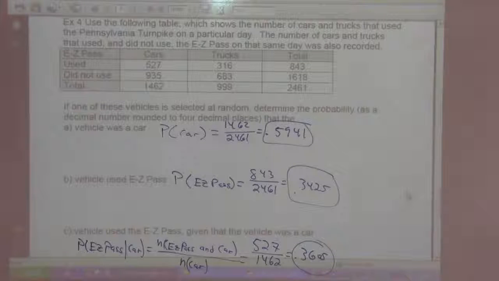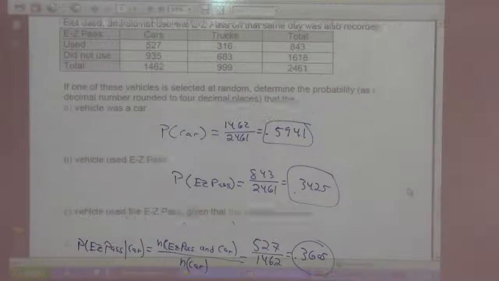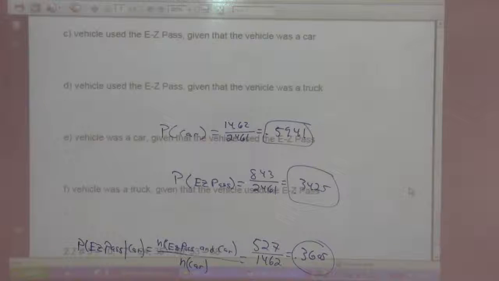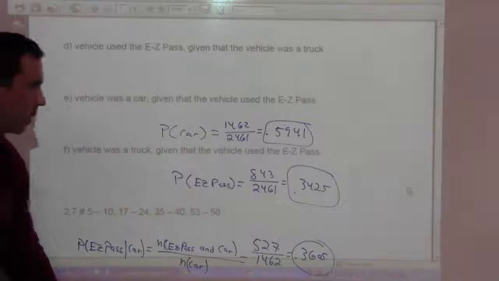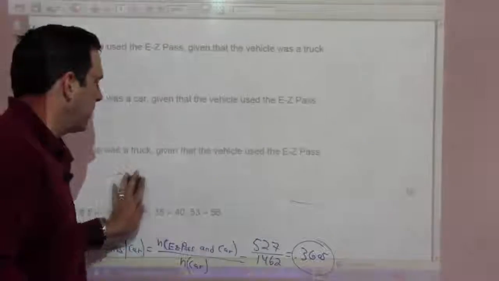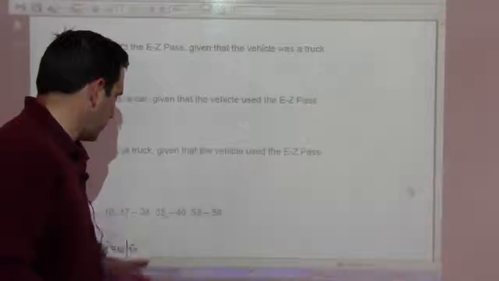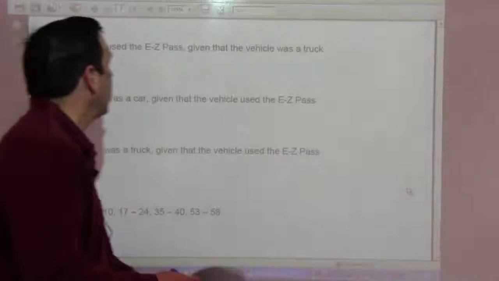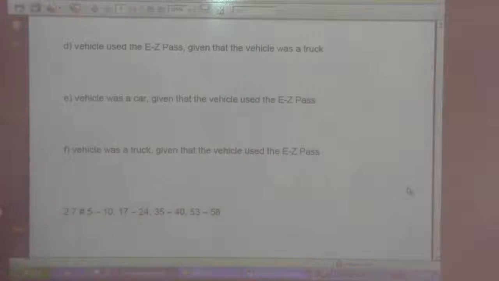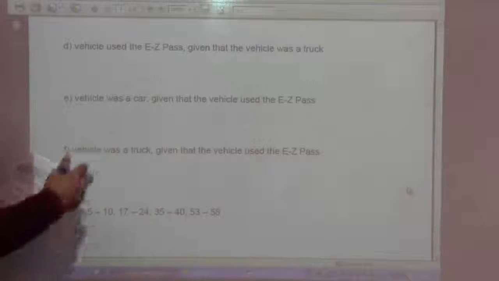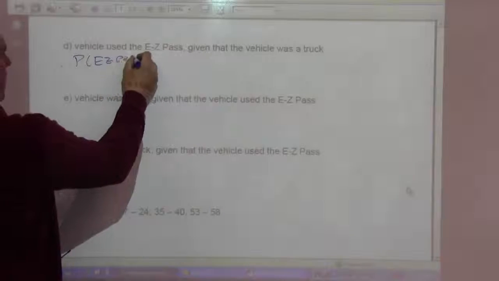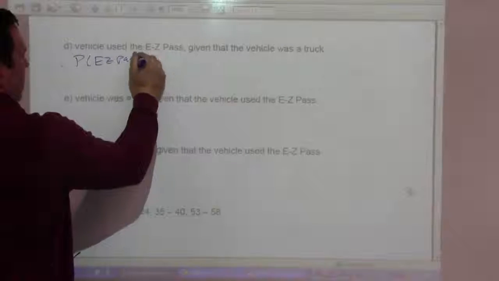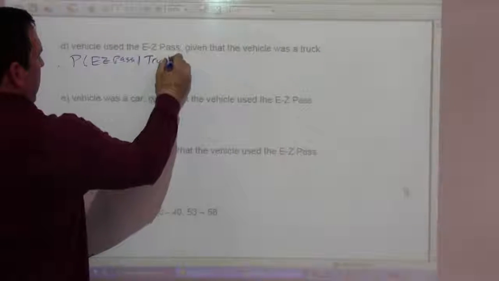I'm going to have to scroll to get to D, E, and F. Okay, what D? The vehicle used Easy Pass given the vehicle was a truck. So probability of Easy Pass given that it's a truck.